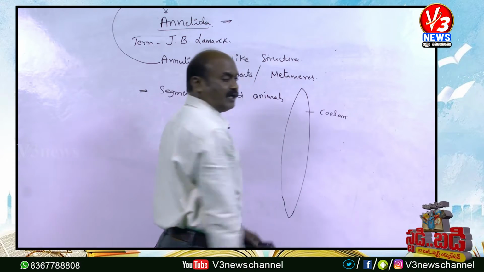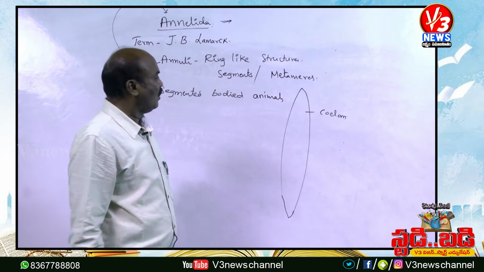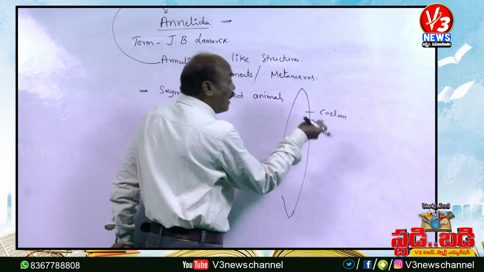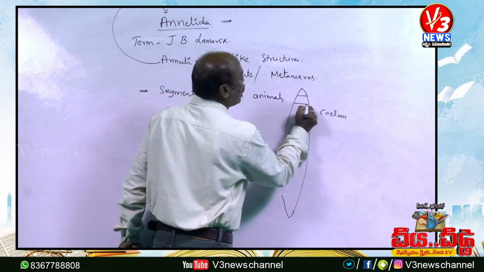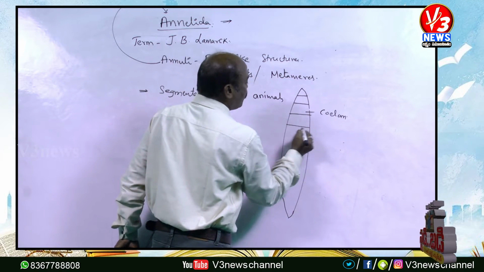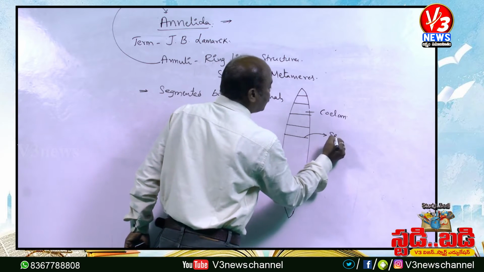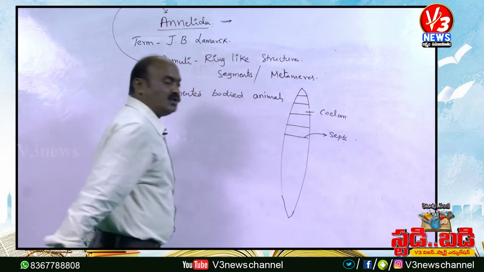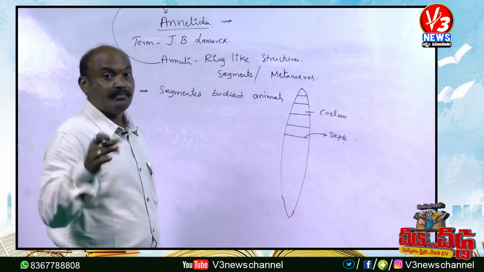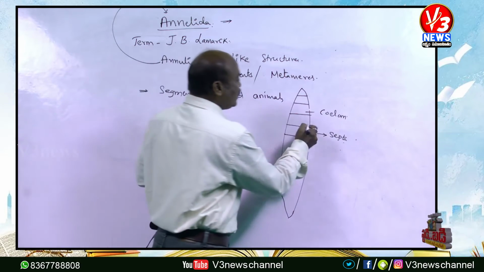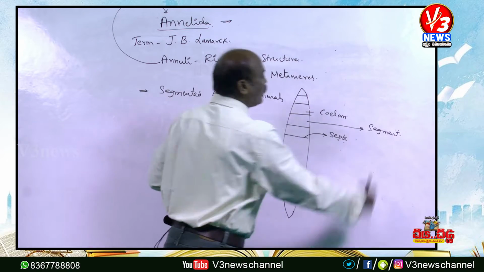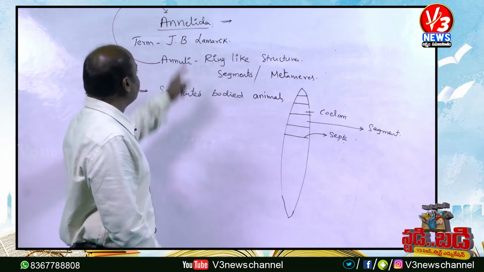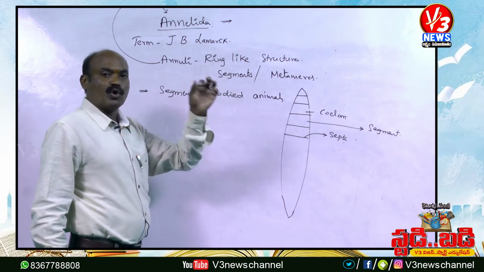The coelom has septa. Septa means a partition. The coelom is divided into many compartments, many ring-like structures. Each ring-like structure is called one segment. Hence, these are called segmented bodied animals.